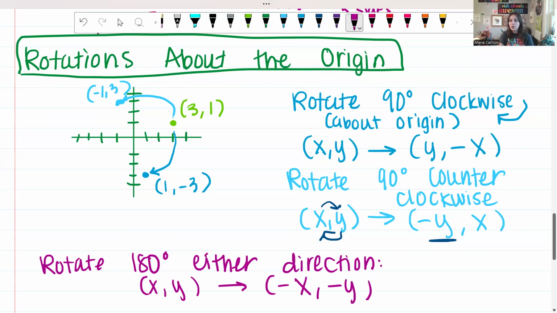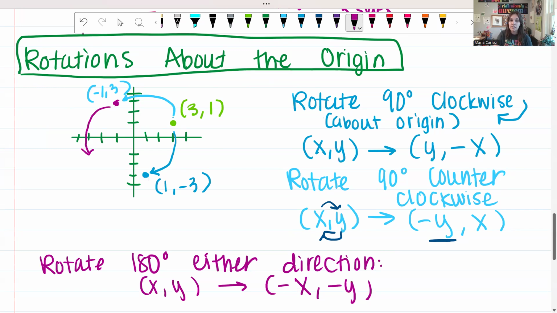So think about it. If we rotate another 90 degrees clockwise from where we are at negative 1, 3, we would rotate it again, and now it's going to be at the point negative 3, negative 1.